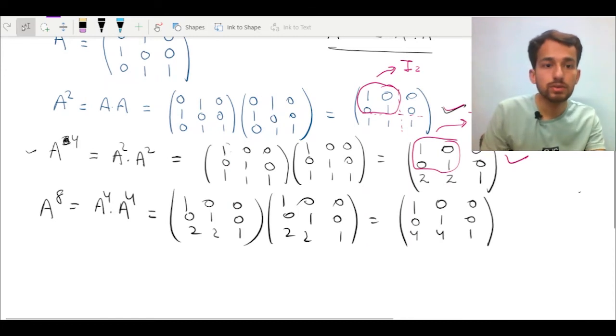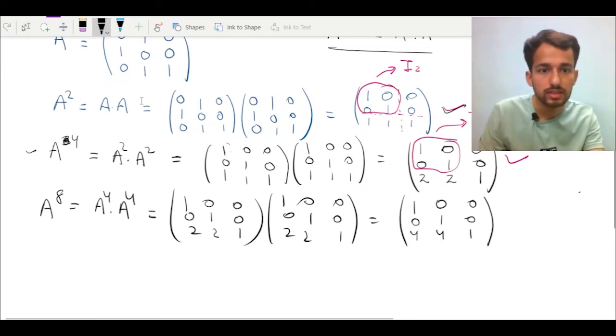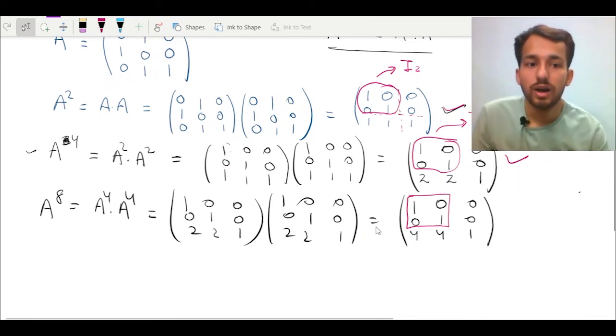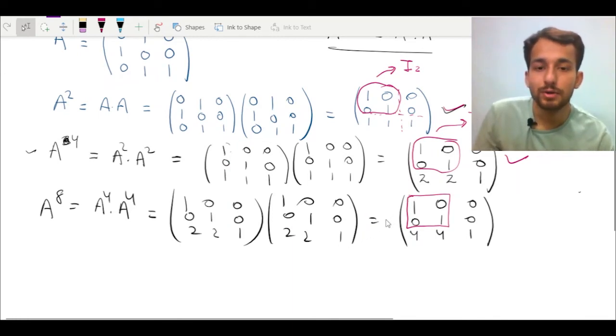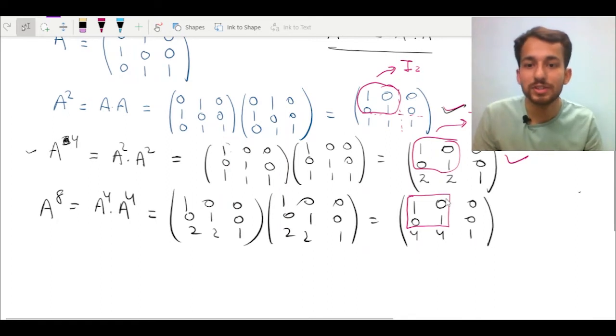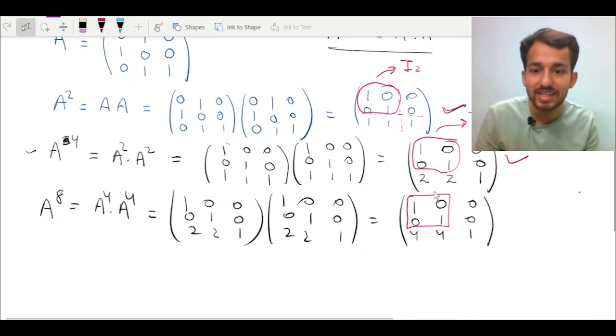Okay, so in this case also, what I was explaining in the previous 2 cases, here again I have found an identity matrix of order 2. So this is a good observation for us that in all the 3 cases we are always having a block which is of course the identity block of order 2.